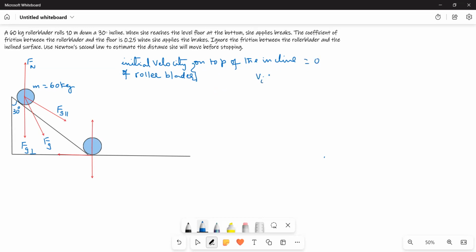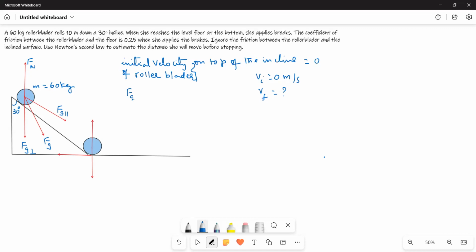I will write VI is equal to 0 meters per second. We are supposed to find out VF. What else is given to us? Angle theta is equal to 30 degrees, and the mass is given to us.